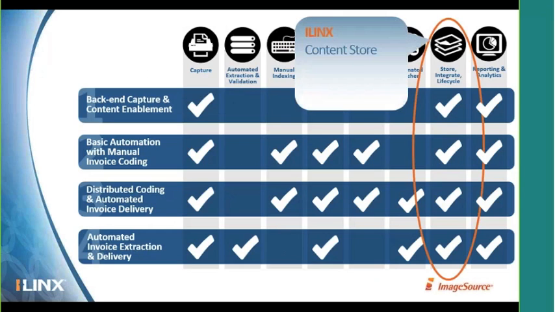So I mentioned Content Store. iLinks Content Store provides secure and very easy web-based access to any of your enterprise content. And the iLinks Retention Management feature delivers very easy to set up and manage retention and disposition requirements, whatever they may be. And I've mentioned the iLinks Integrate product several times today.